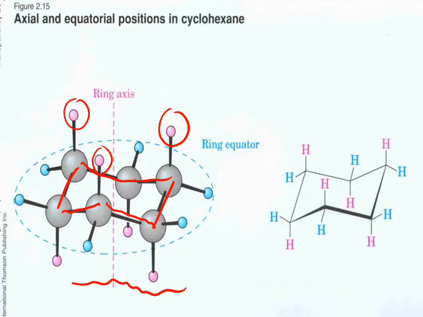There are three axial on the top, three axial on the bottom, and the rest we call equatorial, which are around this hypothetical circle. So these are the equatorial hydrogens.